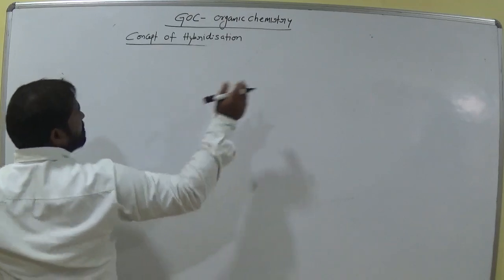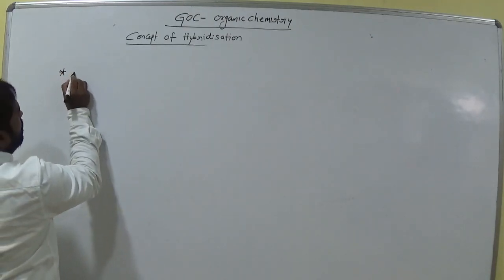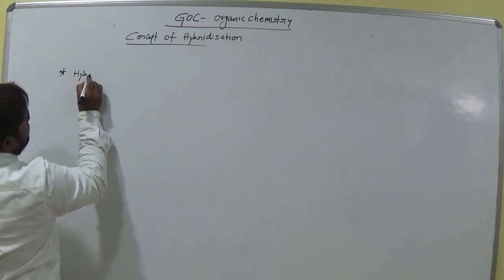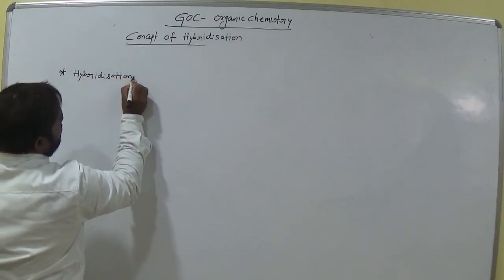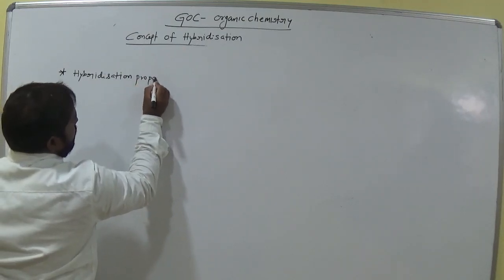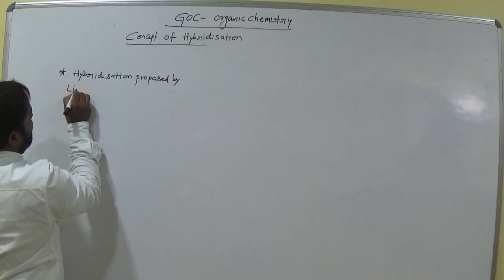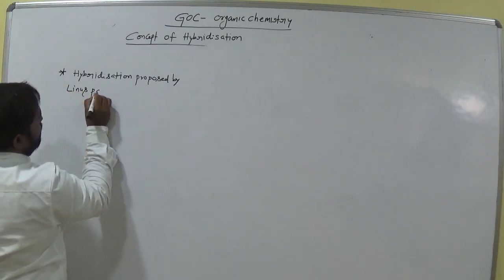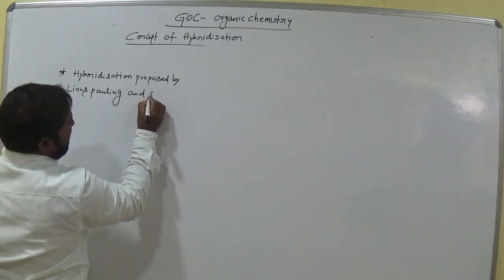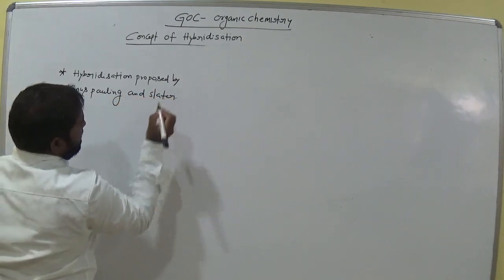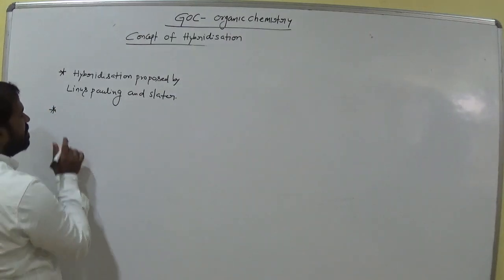So who proposed the concept of hybridization? Hybridization was proposed by Linus Pauling and Slater, both scientists. What is the purpose of introducing hybridization?